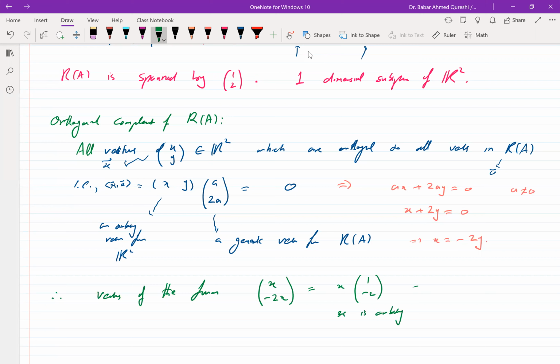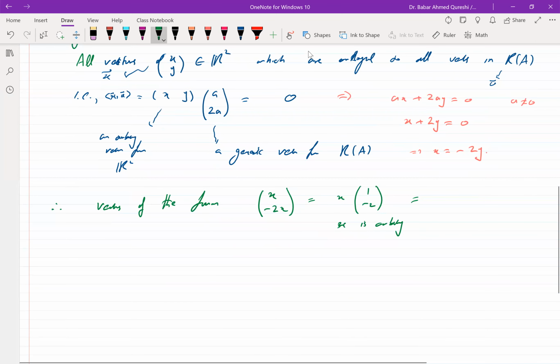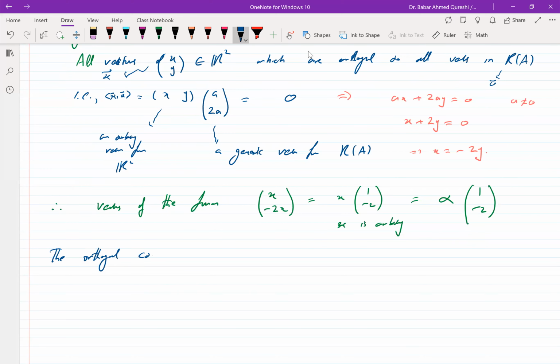So I can also write it, because arbitrary numbers I'm writing as alpha, beta, so let's just write it like this. So that means the orthogonal complement, which is just this symbol, is a one-dimensional space.